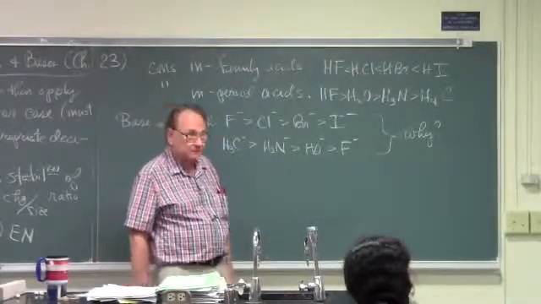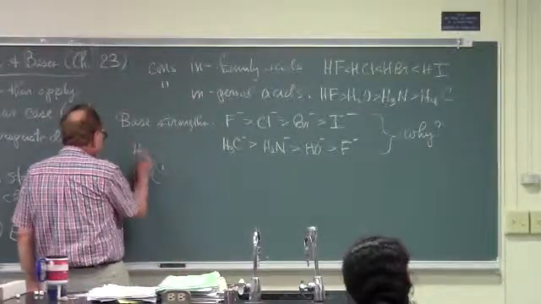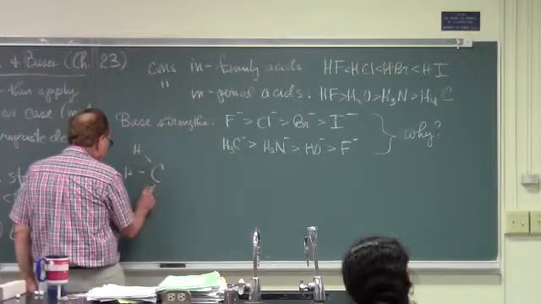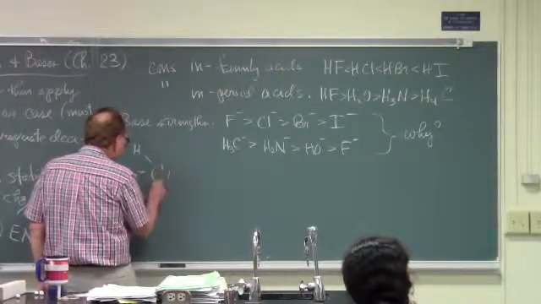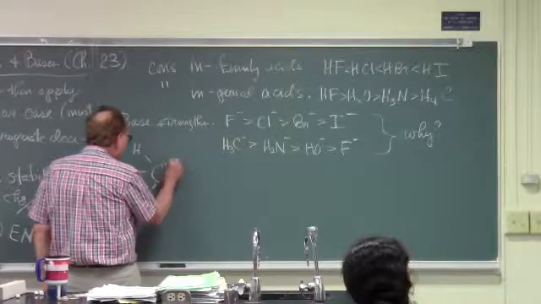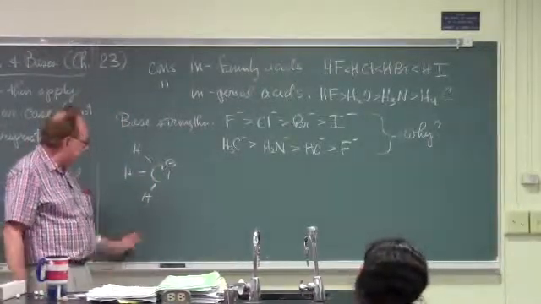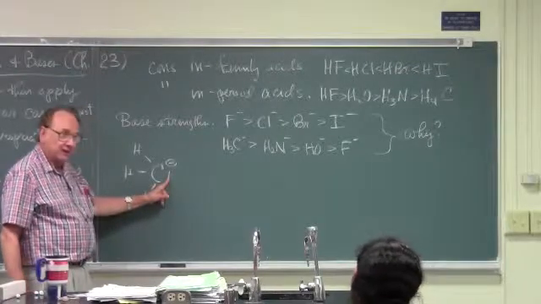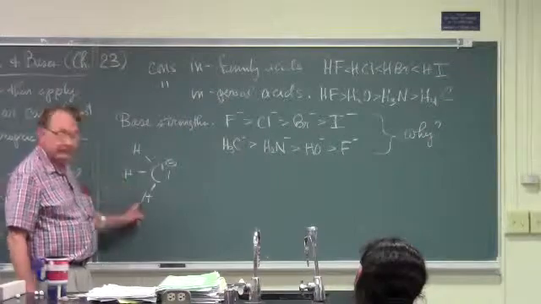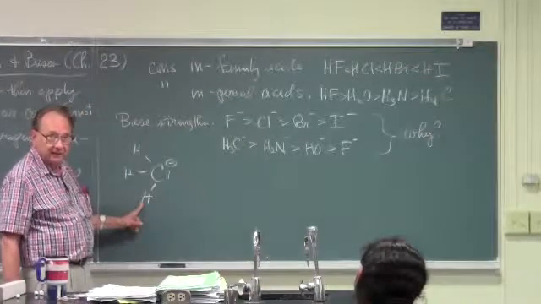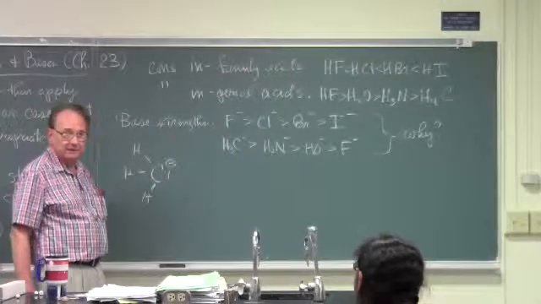Right? But do you think there's much transfer of negative charge density from this anion to these atoms? Do these atoms have appreciable electronegativity? How does the electronegativity of hydrogen compare to carbon?